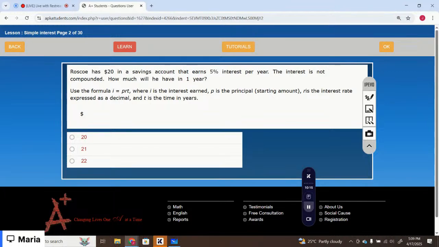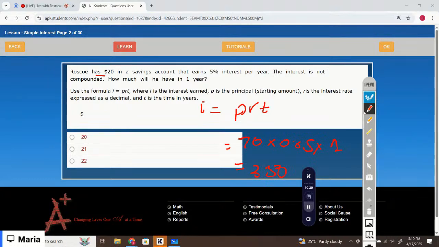Principal amount is $20. The interest rate is 5%. So I equals PRT. P is 20, the interest rate is 0.05, and the time is 1 year. So which is the correct option?